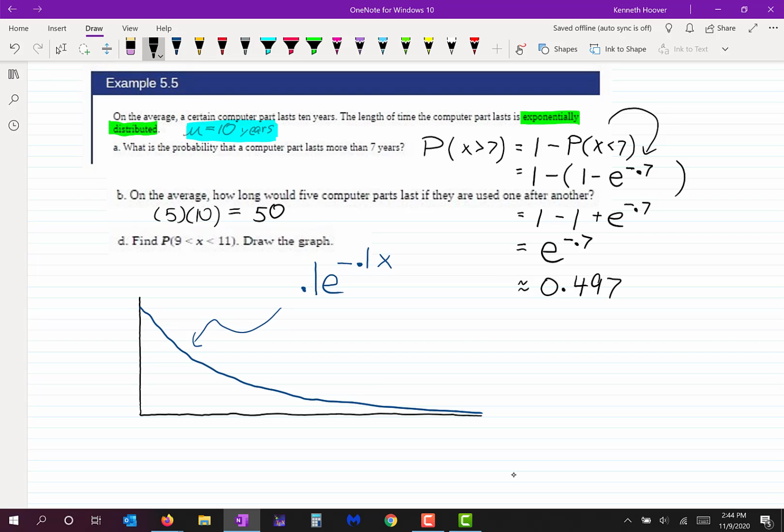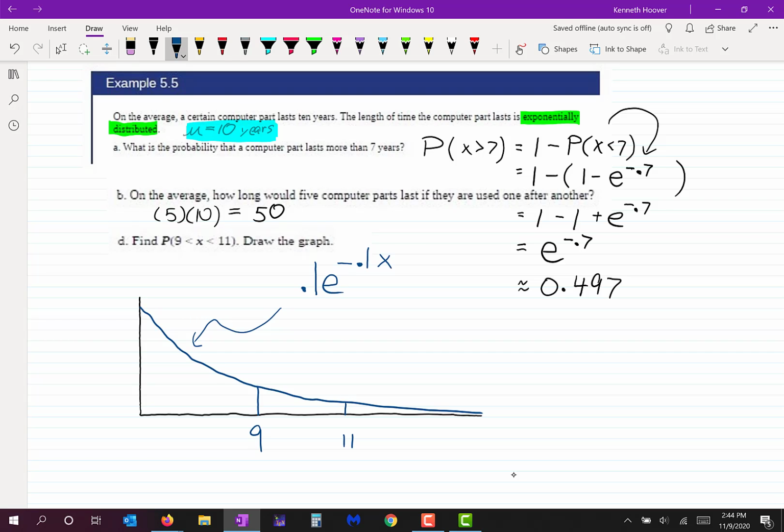All right, now part D. Find the probability that x is between 9 and 11. So just so that you know, let's make sure you understand that question.